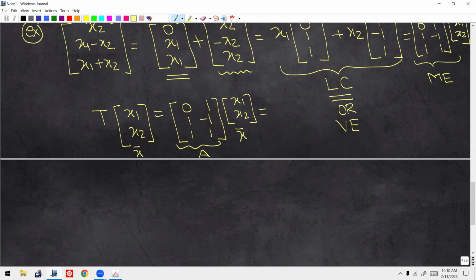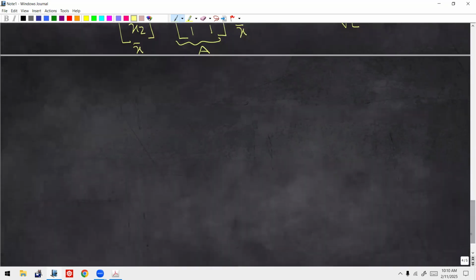So we can write it as AX. So we can change this transform into a matrix vector product, is what we are trying to get at. We're going to rewrite the transform as a matrix vector product, and that's what we're going to do next. That's going to be our main focus going forward.